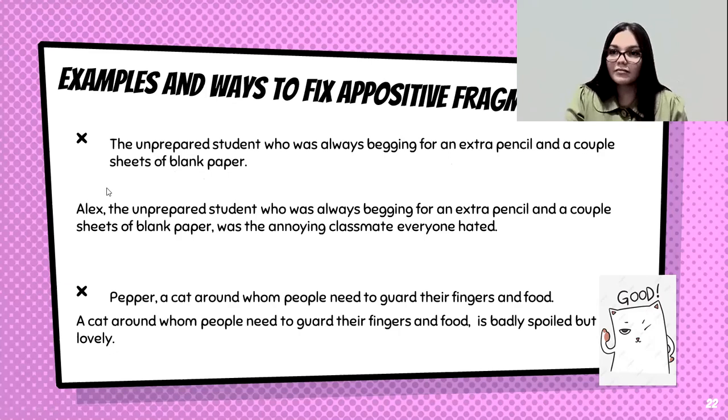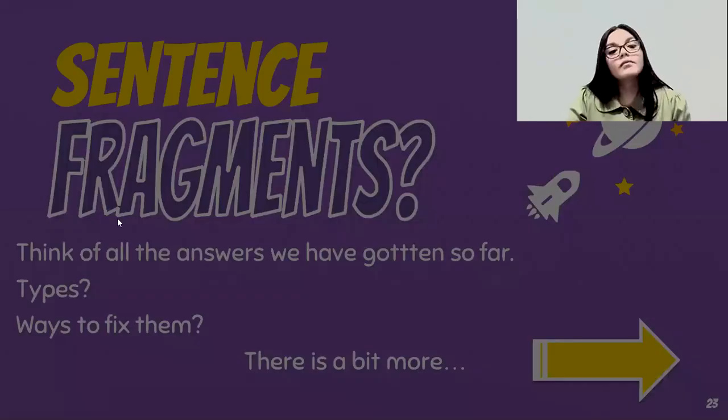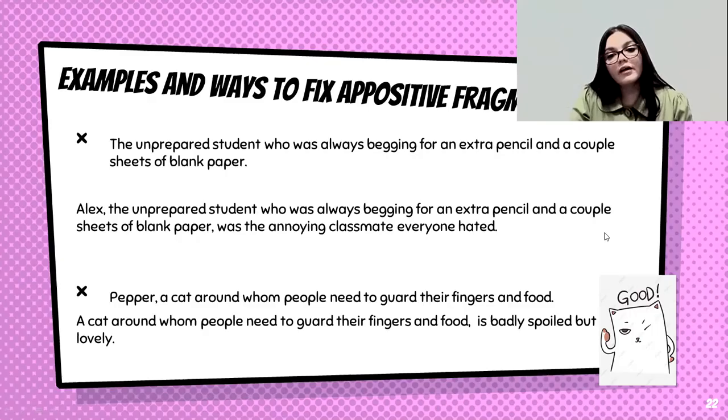Alex, the unprepared student who was always begging for an extra pencil and a couple of sheets of blank paper, was the annoying classmate everyone hated. You see here the subject and the predicate. So what did you do? You place the appositive explaining the subject, but obviously you had to attach an independent clause.